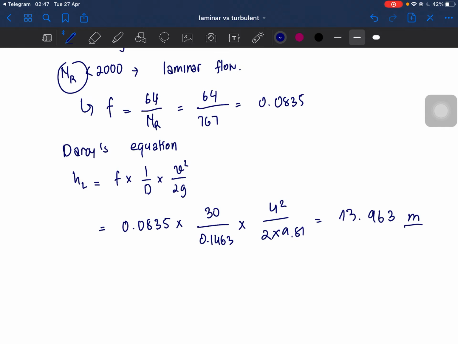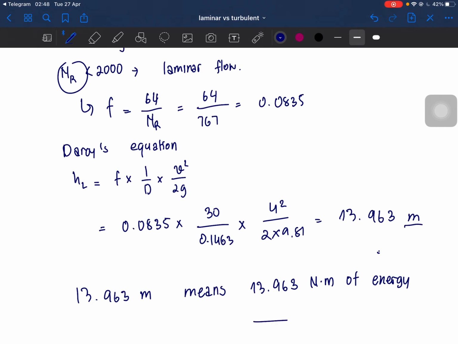So 13.963 meter is equivalent to 13.963 Newton meter of energy lost by each Newton of the glycerin as it flows in the pipe of 30 meter. So this is the final answer.